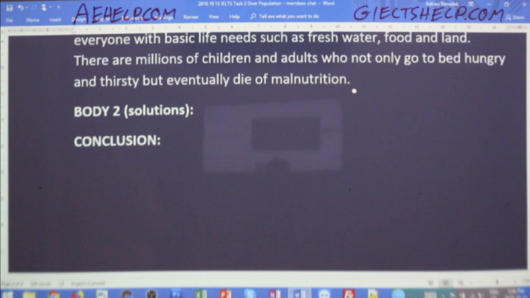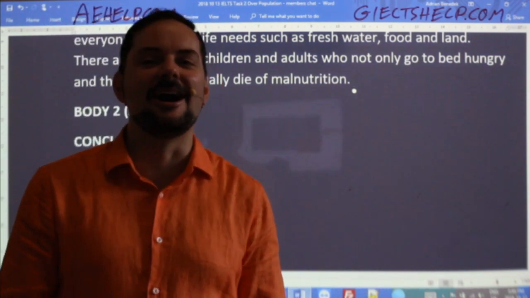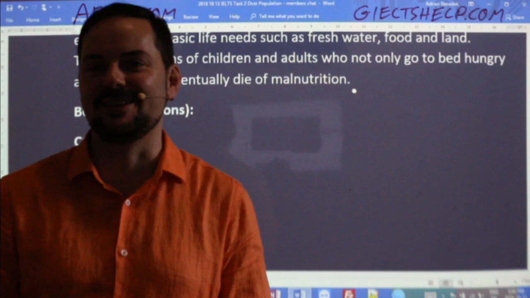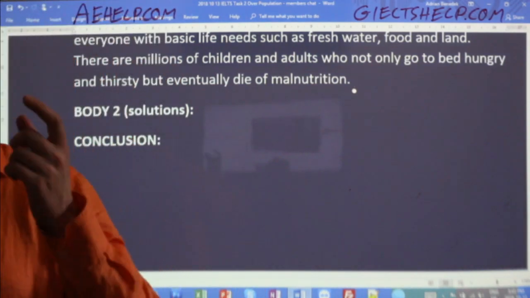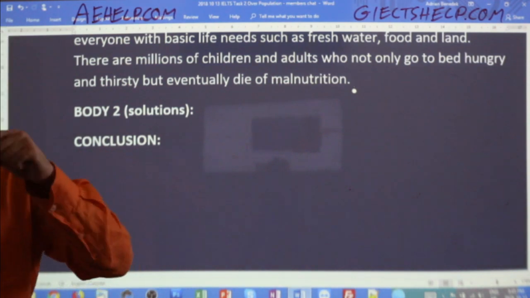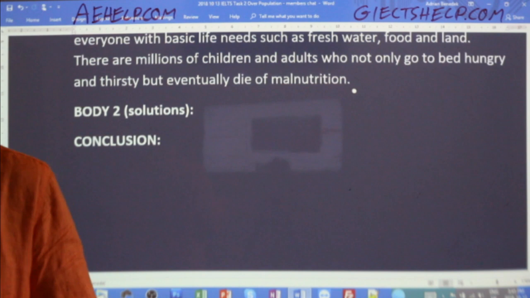Manisha says, okay, I didn't write that for the body paragraph. Okay, Manisha, that's fine. So you wrote it for the introduction. I'm using it for the body paragraph because it works in both in this case. So since I wrote a different phrase in my introduction, I'm actually using yours to start off the topic sentence of consequences. It works that way.